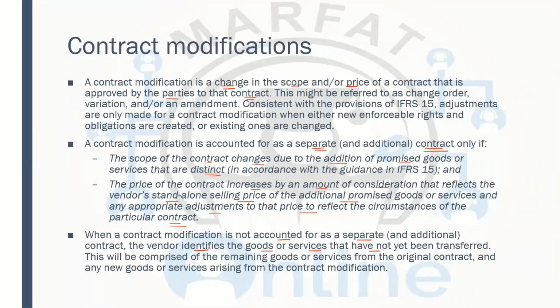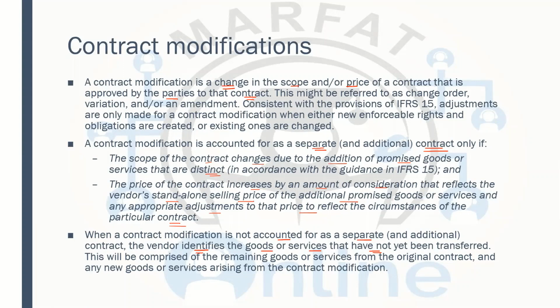When a contract modification is not accounted for as a separate contract, the vendor identifies the goods or services that have not been transferred. Like for example, if they are changing the contract a bit, for example, we were supposed to provide them 5 units. They said, okay, no, just give us 6 units. We said, okay.